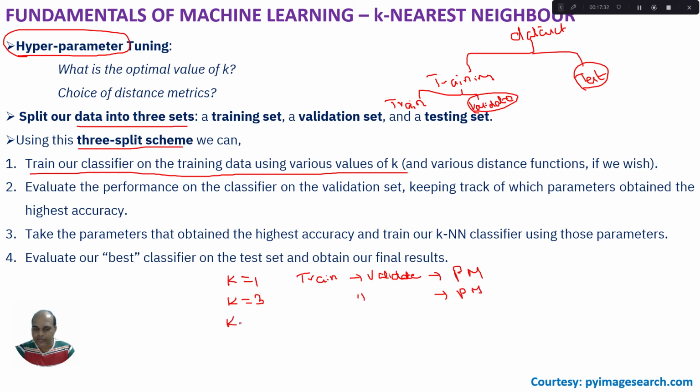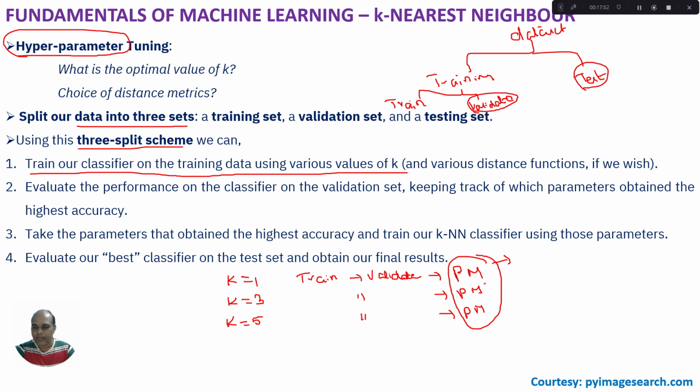Then k equal to 5: do training and validation, and note down the performance metrics. So let us consider we have taken 3 cases. Now I will look at these performance metrics. Which one gives me a higher value?